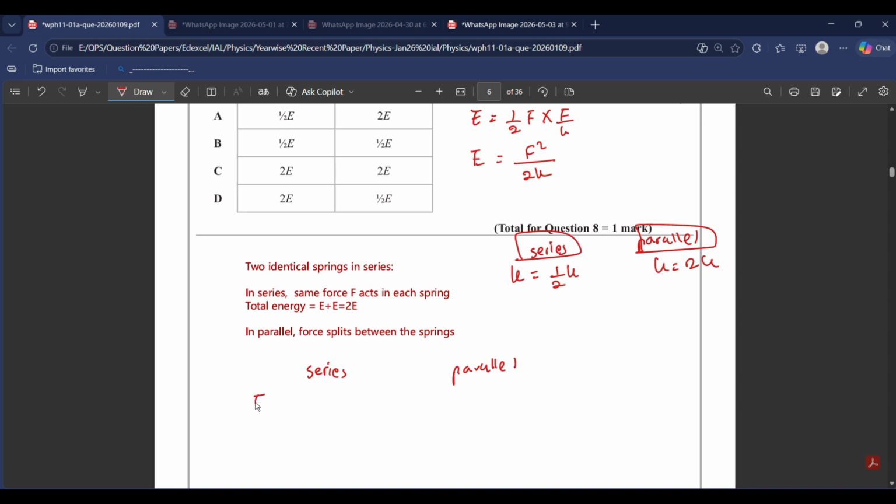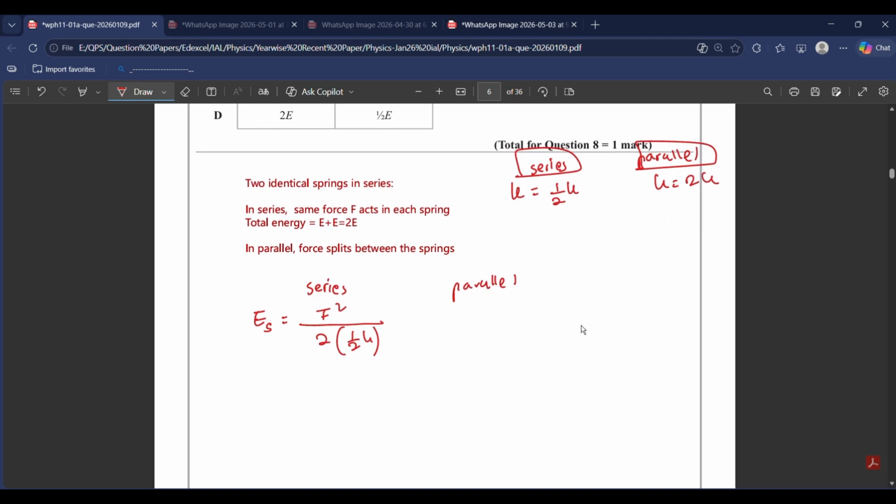Now for this one, E is equal to, let's say ES, F squared by 2K. If I replace this K, it is half K. Now if I take this half out, can I write E is equal to, this half will go to the top, so it will become 2F squared by 2K, right?